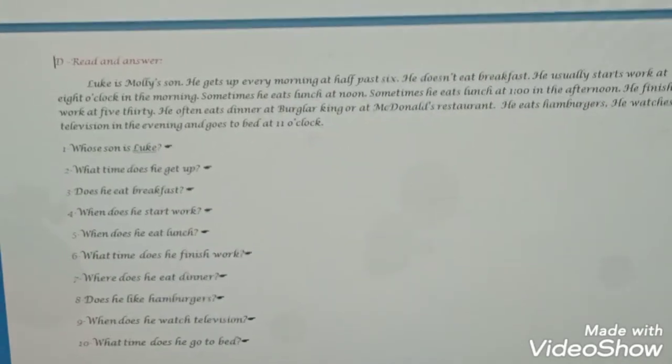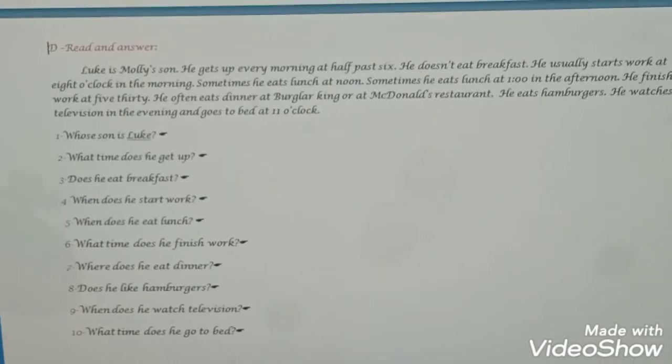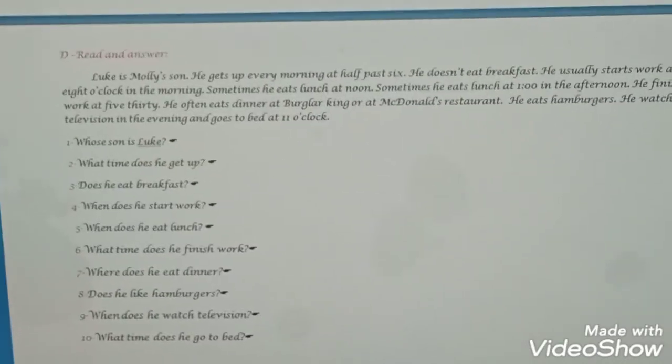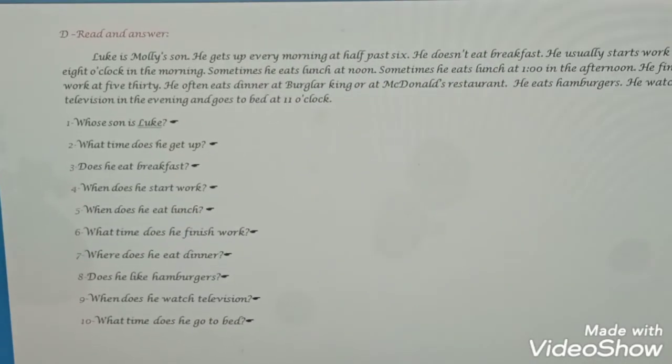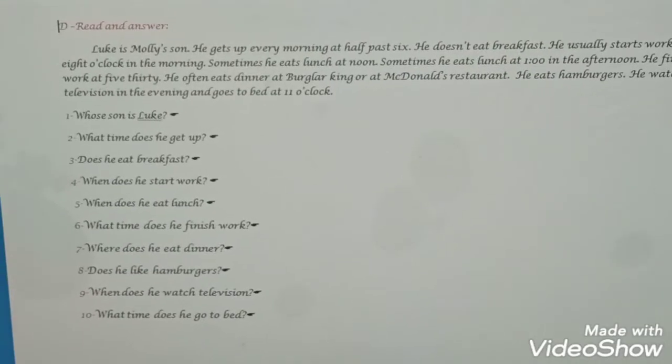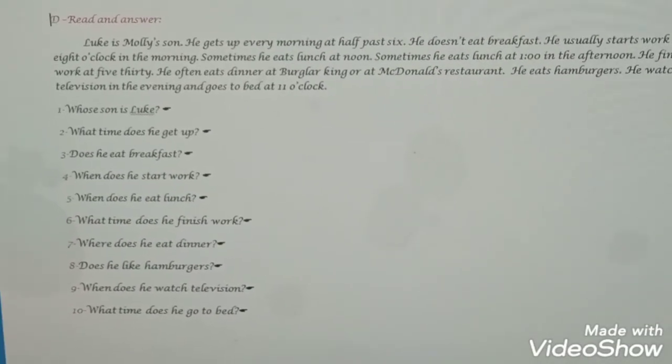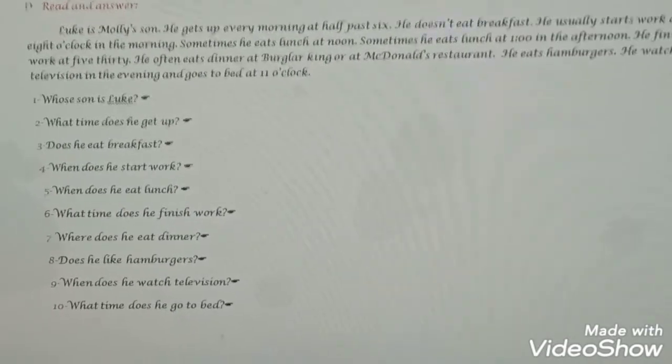Question 1. Whose son is Luke? What time does he get up? Does he eat breakfast? When does he start work? When does he eat lunch? What time does he finish work? And where does he eat dinner?